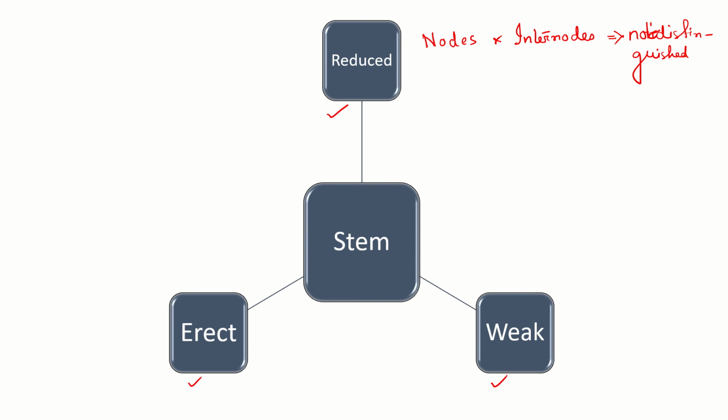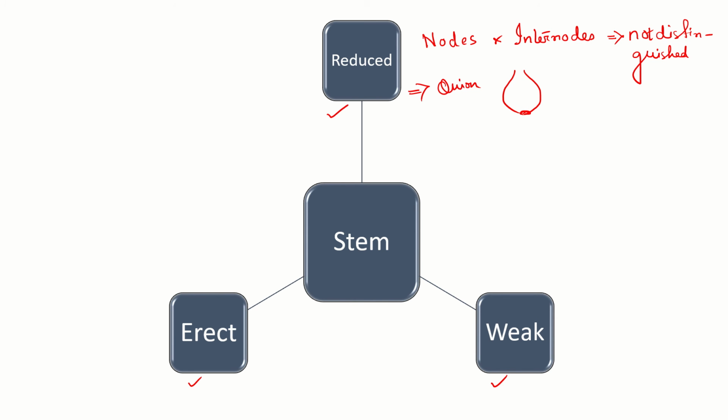Nodes and internodes are not distinguished. Therefore, you can understand how small it is. This is usually found in onion. See, in onion you have a structure like this.